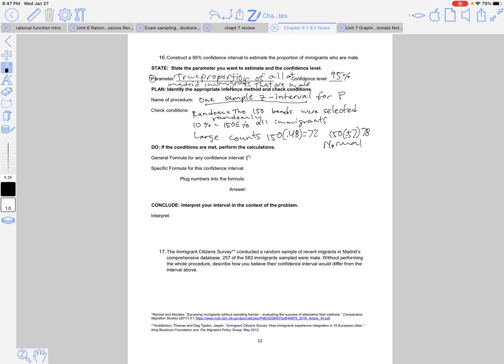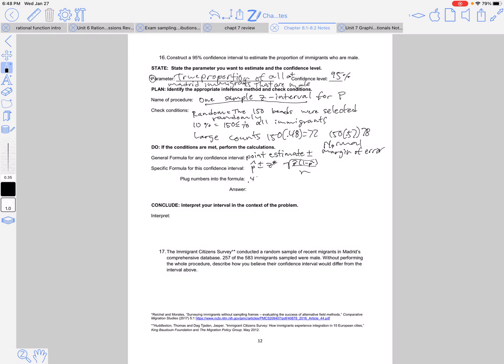Now this is really annoying, but you do write out the formula. We're going to take our point estimate, and then we're going to add or subtract our margin of error. You actually have to write that out. And then the specific formula will be p hat plus or minus our critical z times our standard deviation.